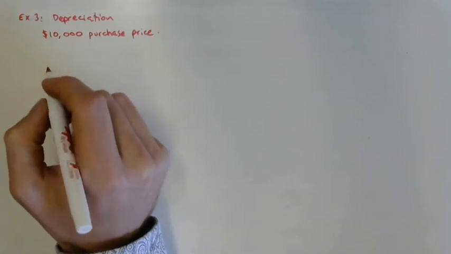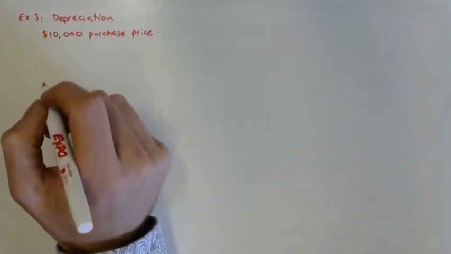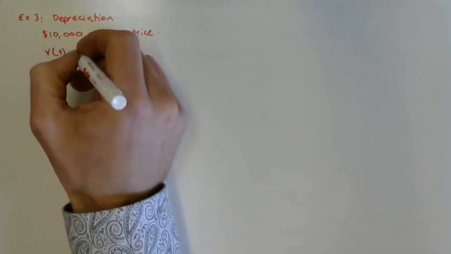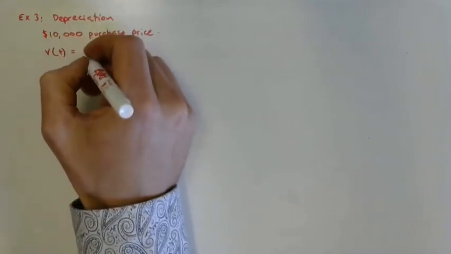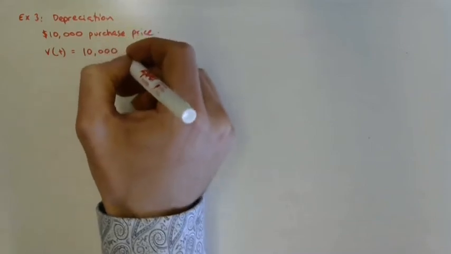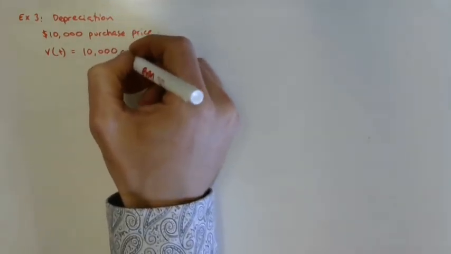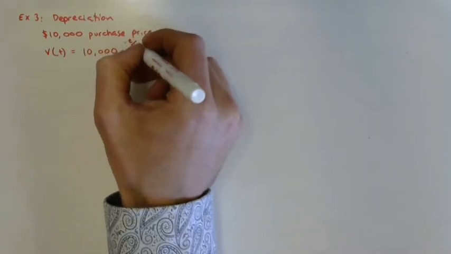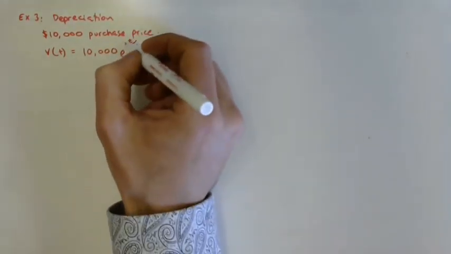The value of the motorcycle depreciates over time. The value can be modeled by the function v of t is equal to 10,000, there's our initial price, times e to the power of -t over 4.